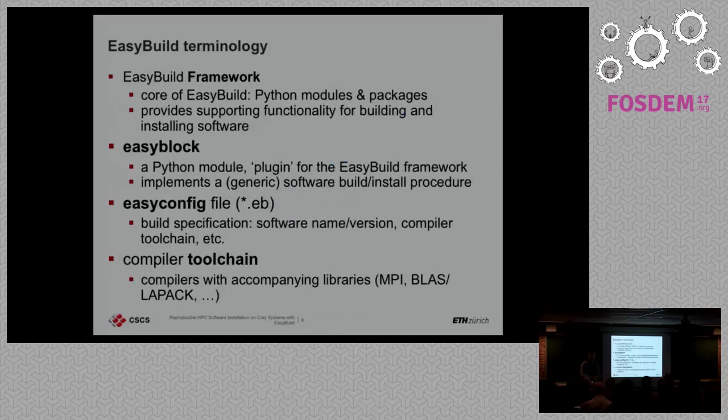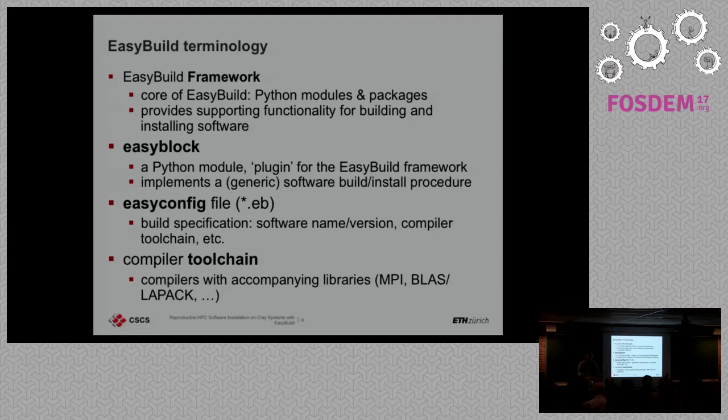So just one slide. I will try to avoid getting too technical here, because I think it's better to discuss the ideas. I will present quickly the terminology of EasyBuild. The EasyBuild framework is the part that takes care of writing, installing, downloading the packages, creating the module files, and provides all the functionalities that are common for all the builds, for all the software.